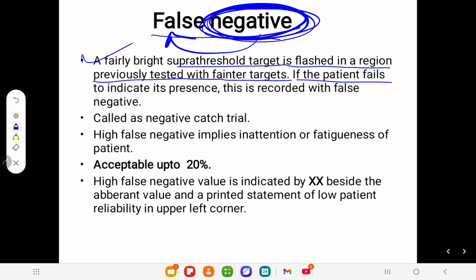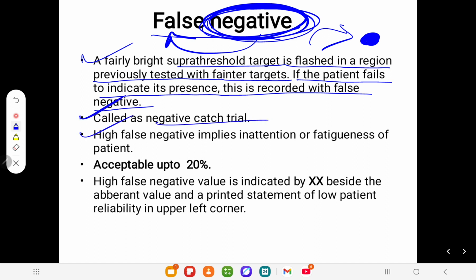If the patient fails to indicate its presence, this records a false negative. It means in the previously tested area the patient clicked, which is good. Then you put a light which is suprathreshold compared to the previous one, and the patient says no. In that case, it's a false negative. It's called a negative catch trial.